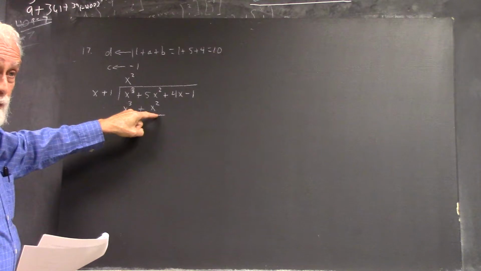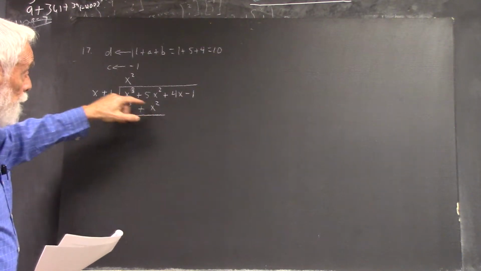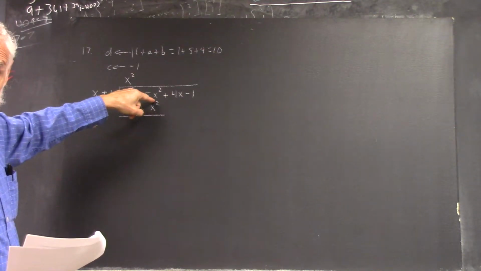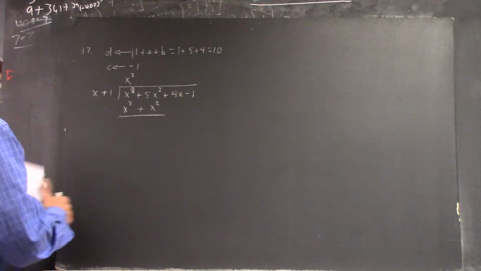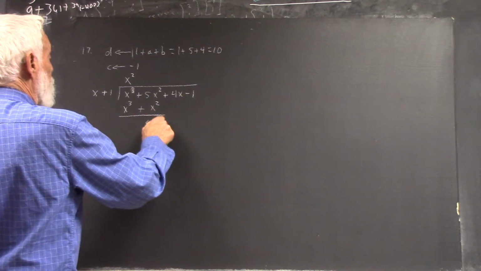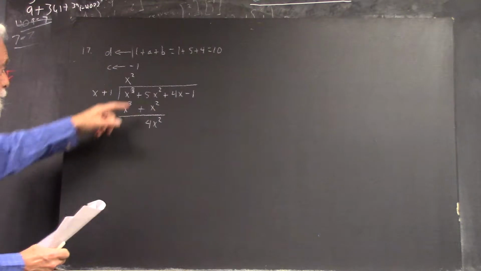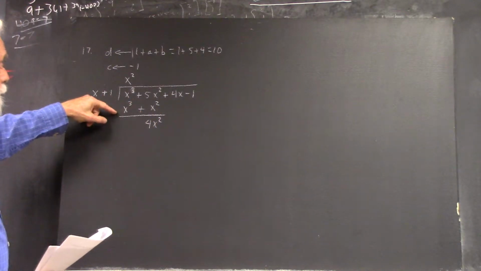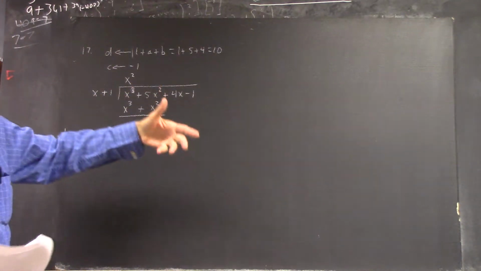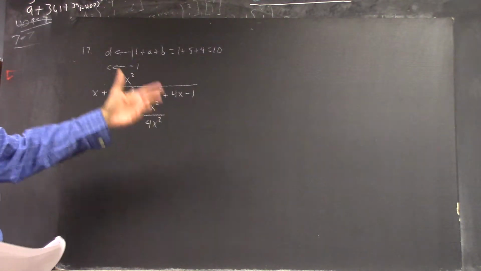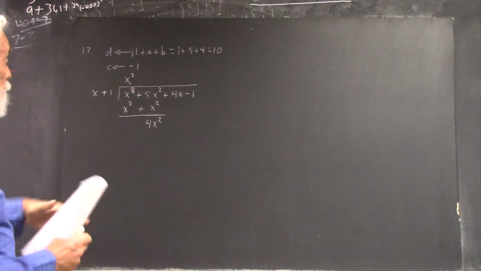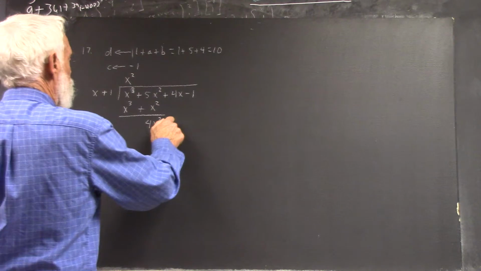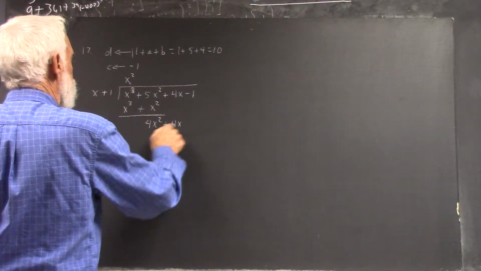What's that leave? Well, we got to subtract x cubed plus x squared from this to see what's left. What's left is going to be 4x squared, because I got to subtract whatever's here. Of course, x cubed subtracted from x cubed gives me 0, which is better because that's why we had the x squared there. Okay, then we got 4x squared plus 4x.